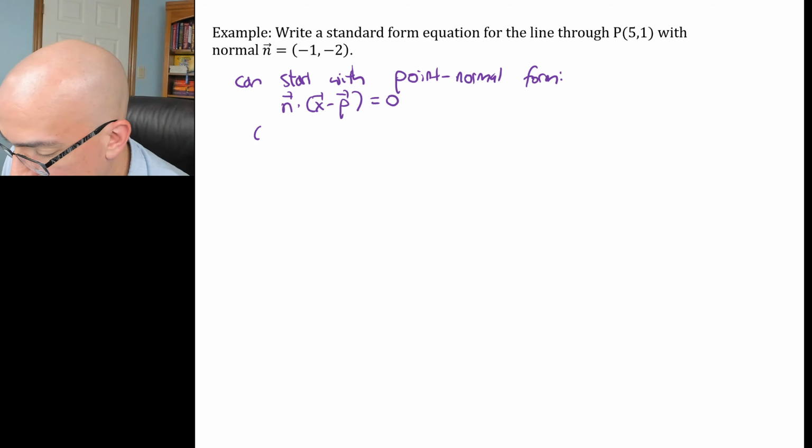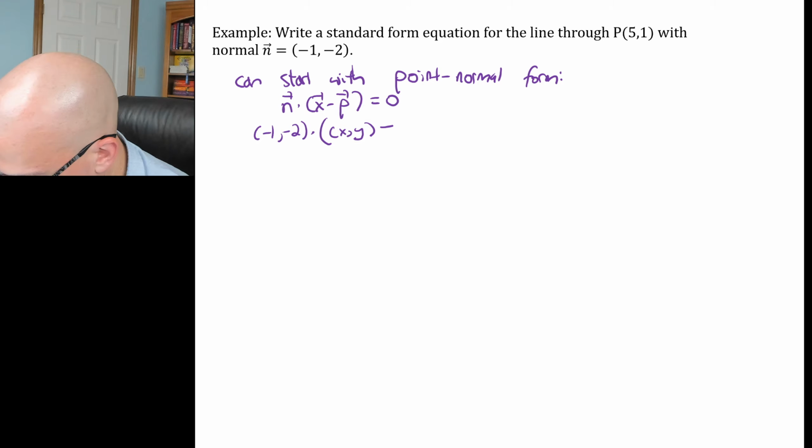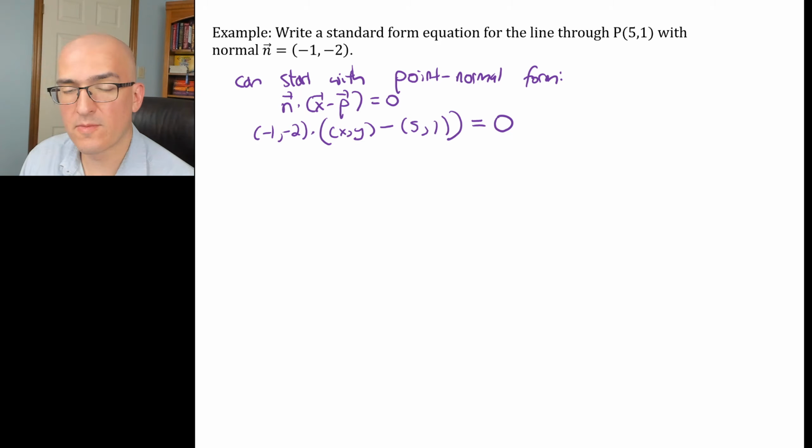So (-1, -2) dot ((x, y) minus (5, 1)) equals 0.